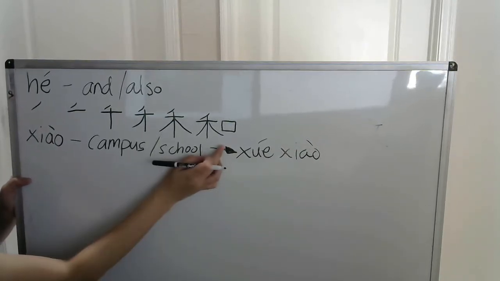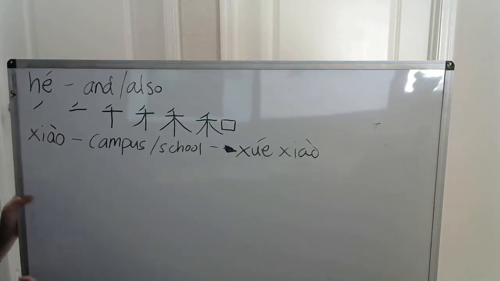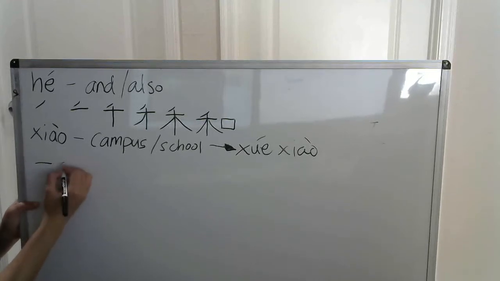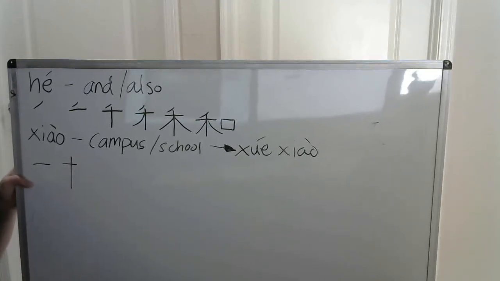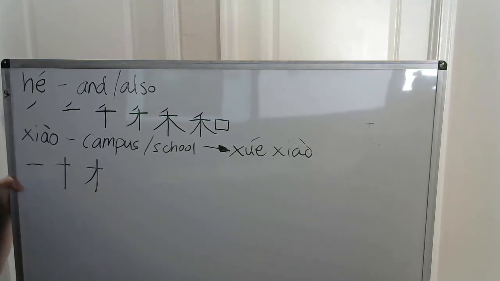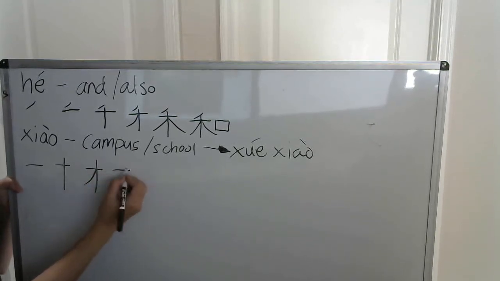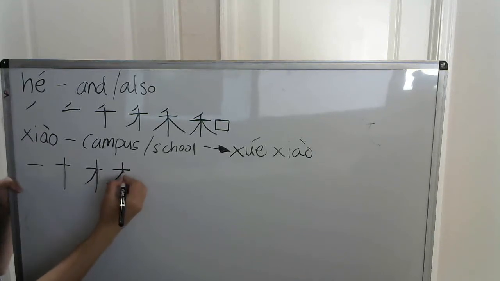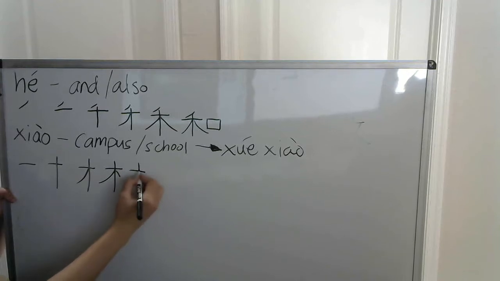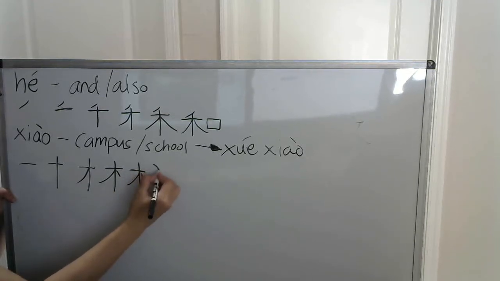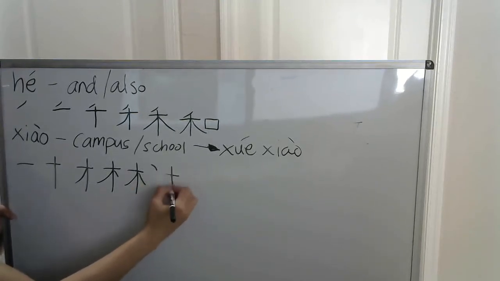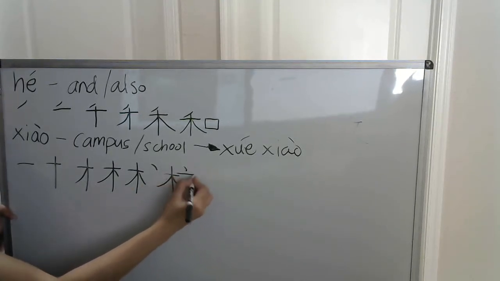Okay, oops. So we'll start with a 横, 横竖, 横竖撇, 横竖撇点, 横竖撇点, and then we're going to do a 点 on the top. 横竖撇点点横.